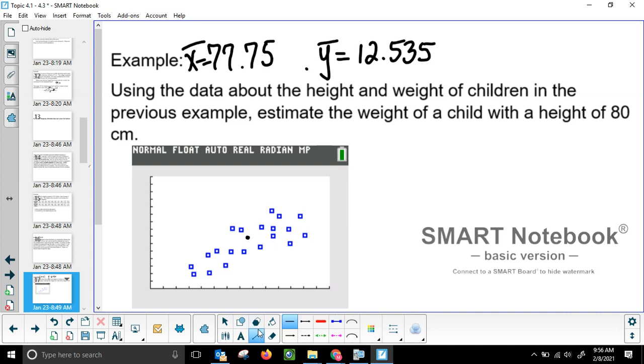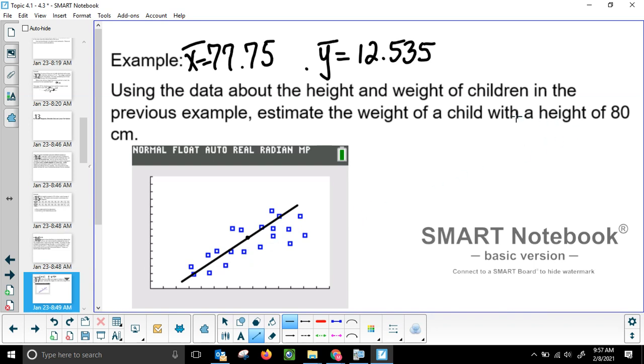Now we can just draw a line of best fit. It has to go through this point, and then we want roughly half of the data above and half of the data below. Sometimes you can't get exactly like that, but this is an acceptable line of best fit.